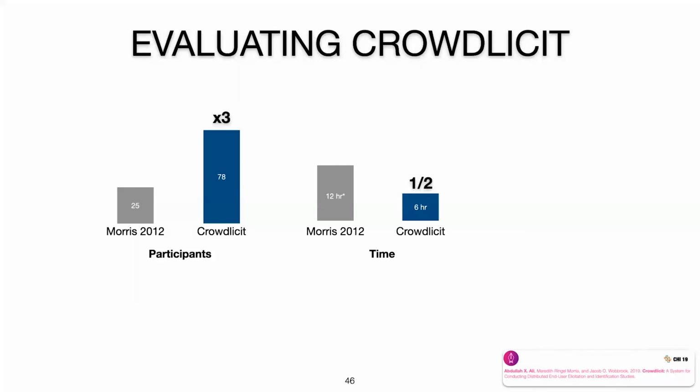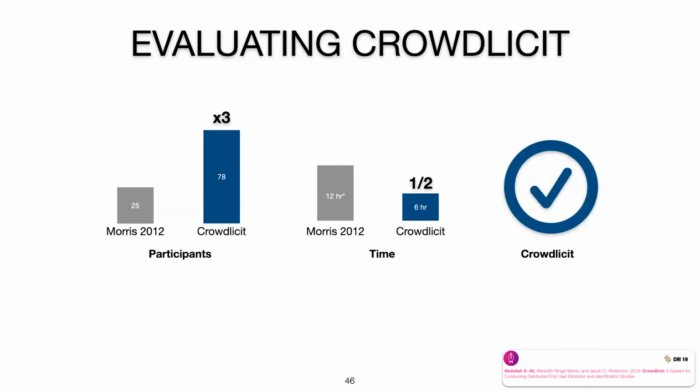Morris reported that she required 12 hours to run the participants and didn't report how long it took to find the participants and schedule them. With CROWDLICIT, I did all of those things in only 6 hours. As a result of the identification study, the interaction set from the CROWDLICIT elicitation study was significantly more identifiable than the one recommended in Morris's paper.